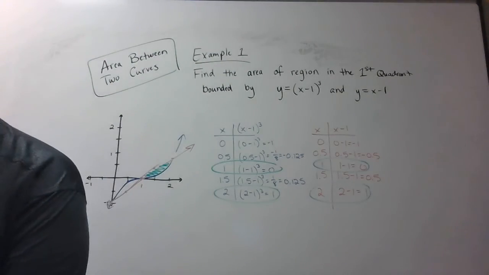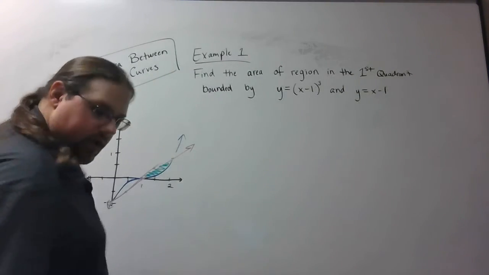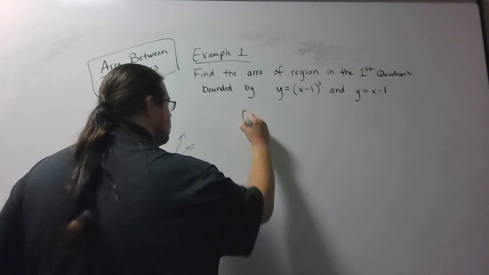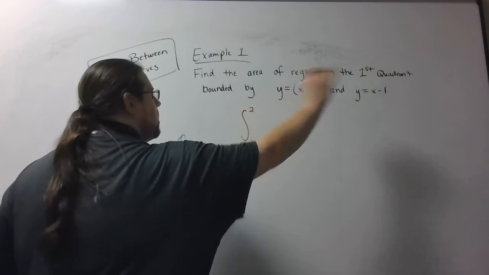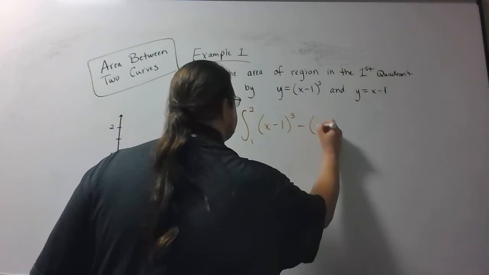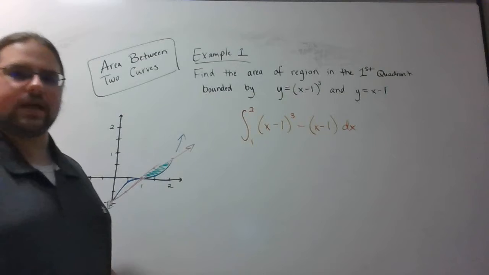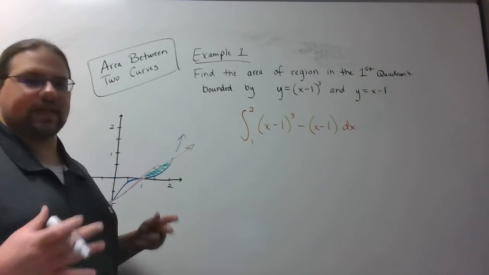Let me erase what I've got and we'll work toward that. I'm going to look at the definite integral from 1 to 2 of (x minus 1) cubed minus (x minus 1) dx. Like I said, you can calculate those separately, you don't have to calculate them together.